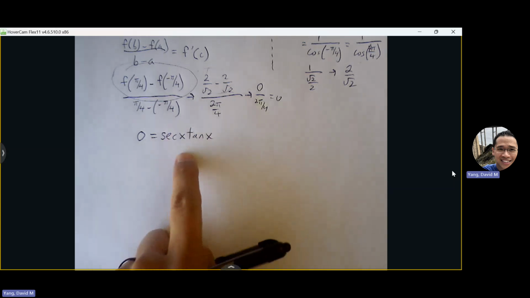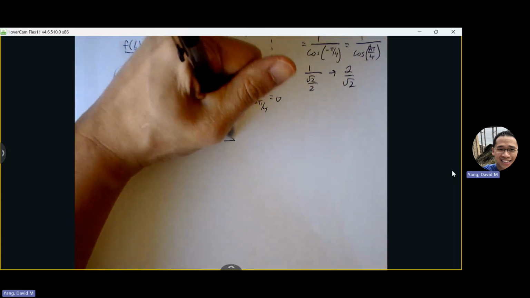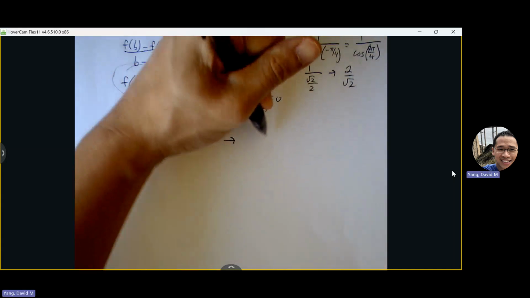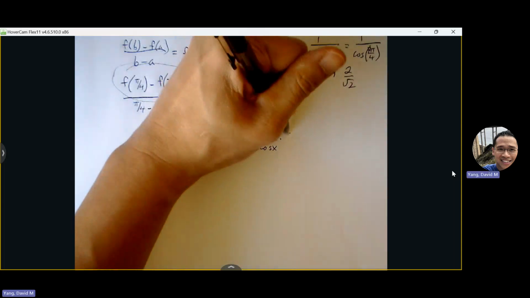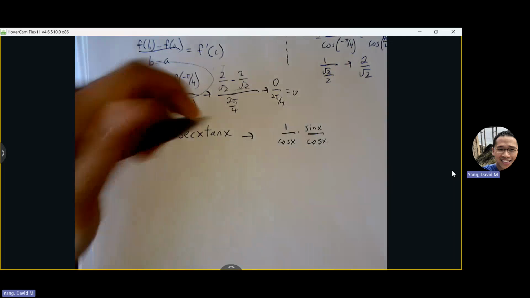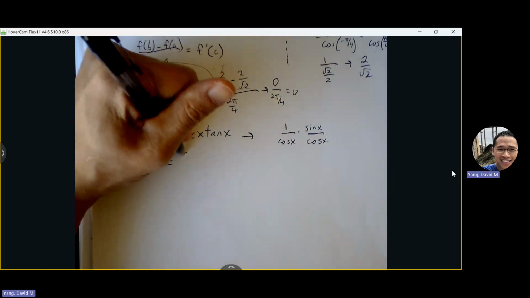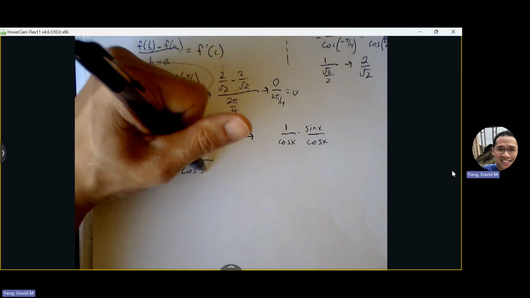And you're always setting the numerator equal to 0. The denominator equal to 0 is something else. So secant is 1 over cosine. Tangent is sine over cosine. Merge that together, and I get sine over cosine squared x.